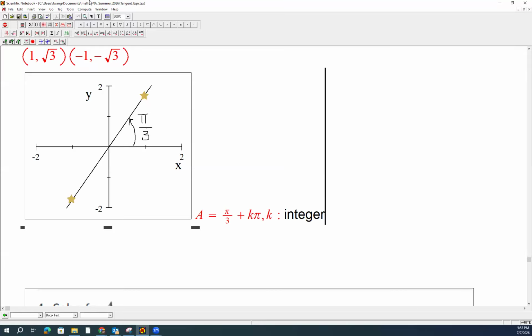It can be 0, right? When k is 0, you just get pi over 3. And then you can just keep adding as many multiples of pi as you wish. You get to the terminal, so that will cover all the possible solutions.